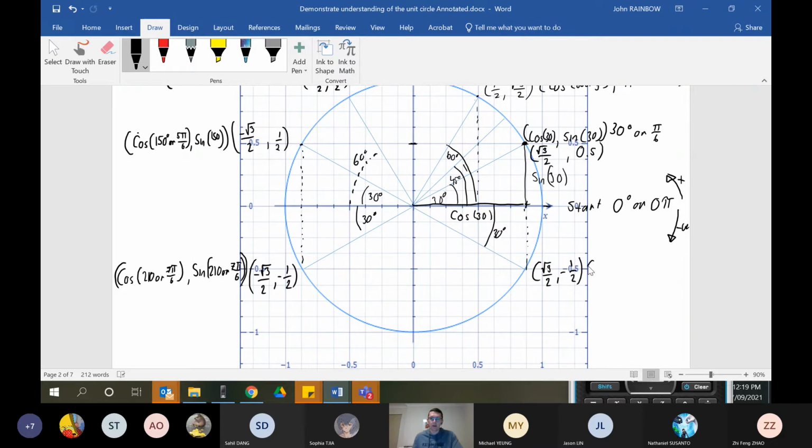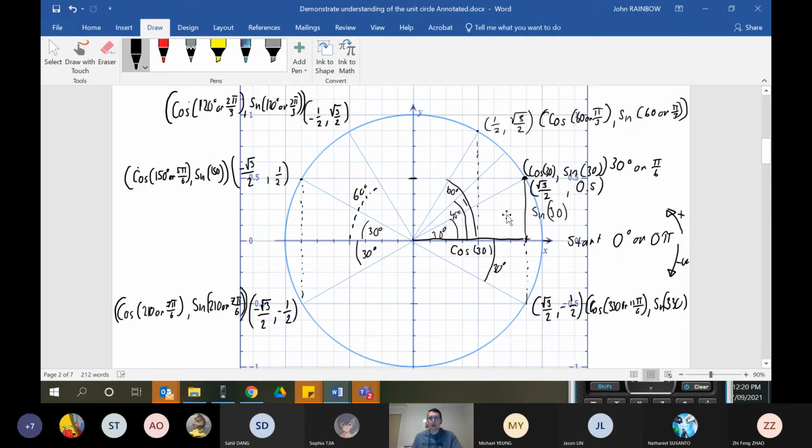So the coordinates for that would be cos, that's a really bad C, cos, what are we looking at, 330 degrees? Or I can say 11 pi on 6. Comma, sine 330. I'm just going to do 330 or 11 pi on 6. And that's where we can get those measurements from. And that's the coordinates there.